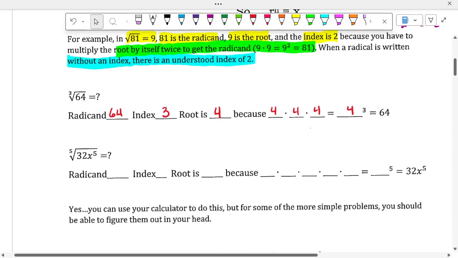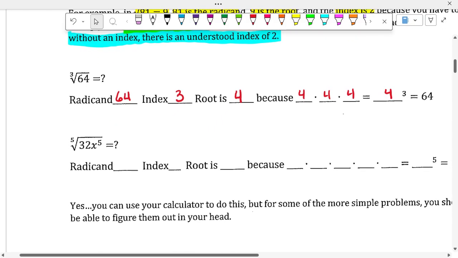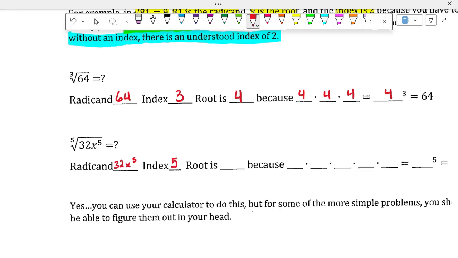Now this next one is a little bit different. What's the radicand? Come on, guys, what's the radicand? 32. Not just 32. X to the 5th. Everything that's under the radical is considered the radicand. What's the index? 5. So this is a 5th root. Now, this is not on your sheet, but we have talked about this one before.